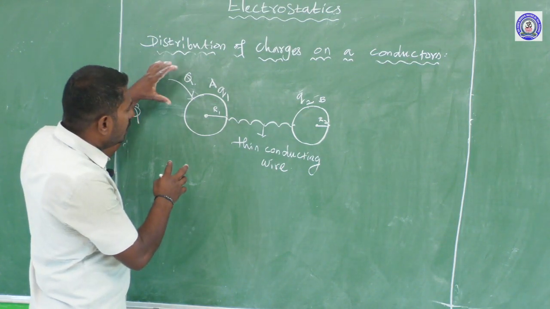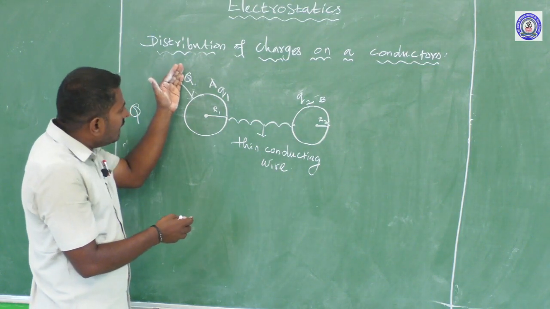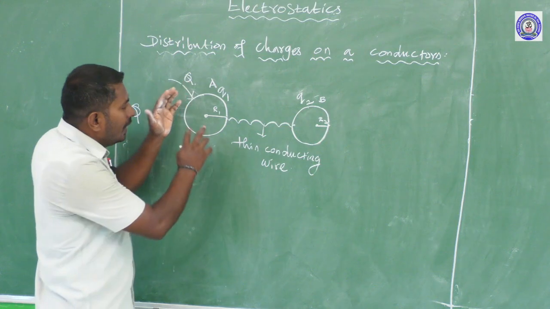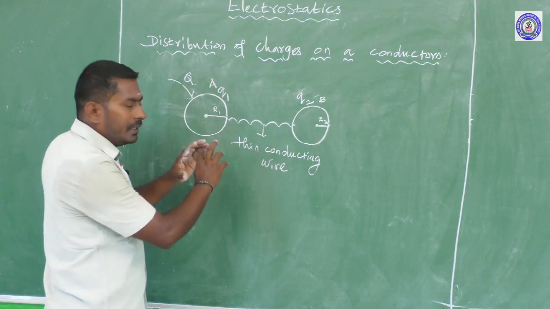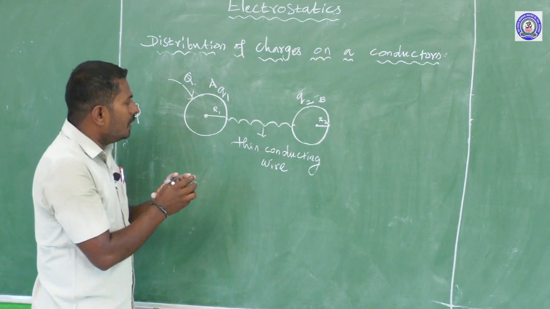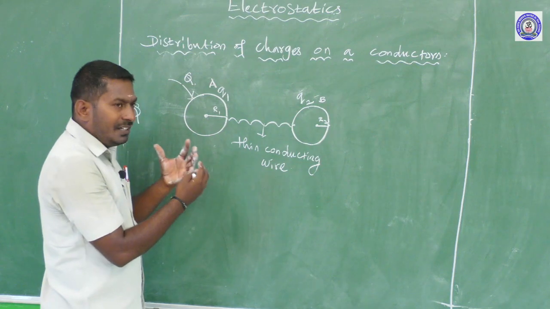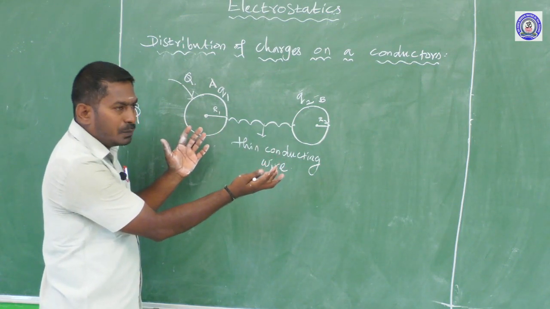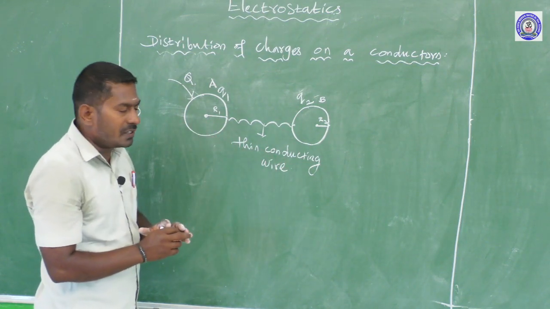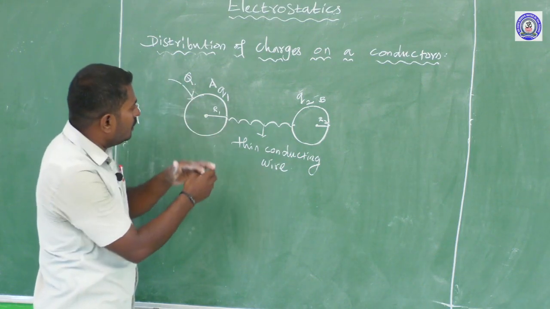Capital Q is the quantity of electric charge given to the entire system. That Q quantity of electric charge is distributed on both the spheres. So both the spheres' potential changes. Initially there is no charge on the metallic spheres, so both the spheres' potential is 0, but capital Q quantity of electric charge is given to the system.